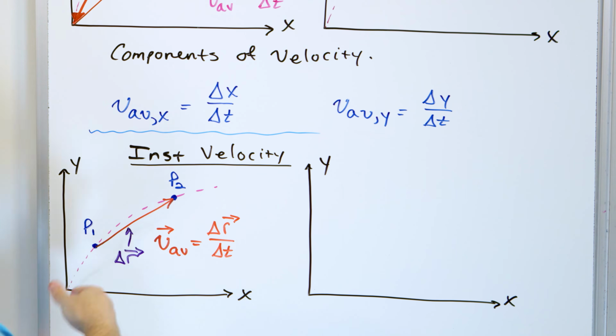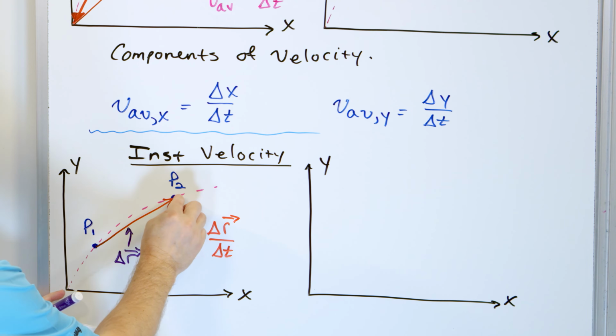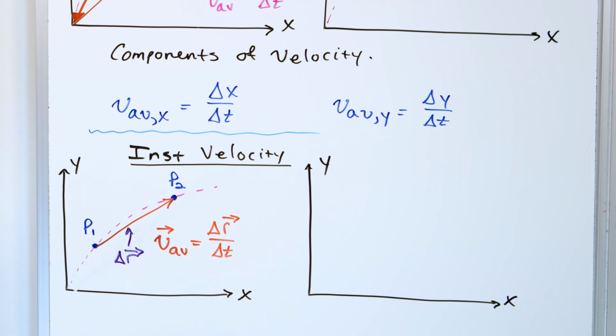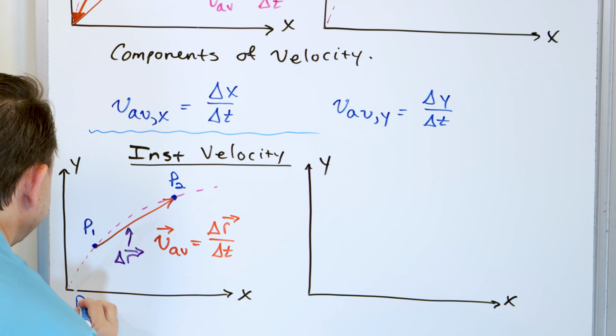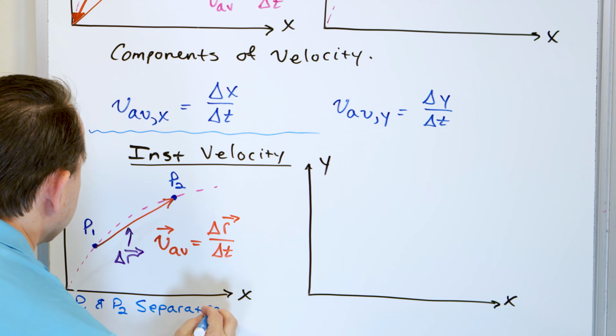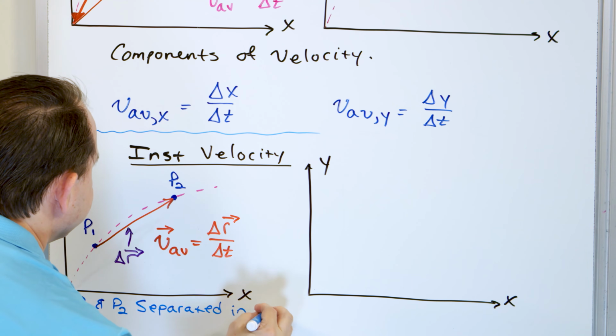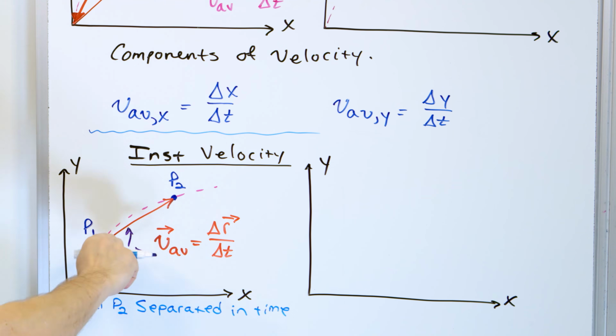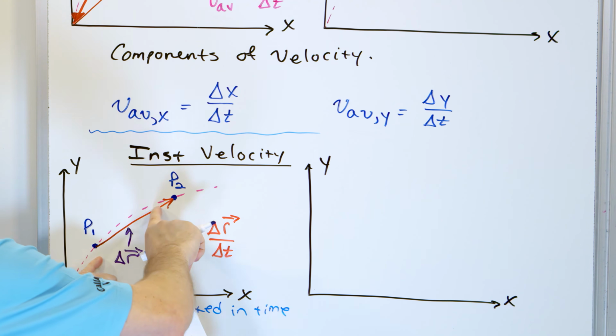Now, how do we get an instantaneous velocity? This is what we call P1 and P2 separated in time. In order to get an instantaneous velocity, we want to bring P2 closer to P1.